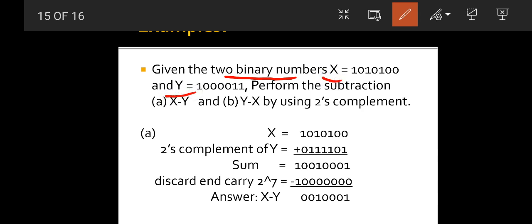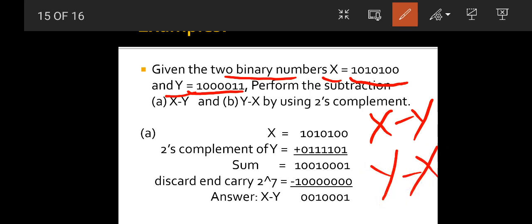So your x will be 1010100. Your y is 1000011. So again, you have to perform the subtraction of x minus y and y minus x, by using two's complement.